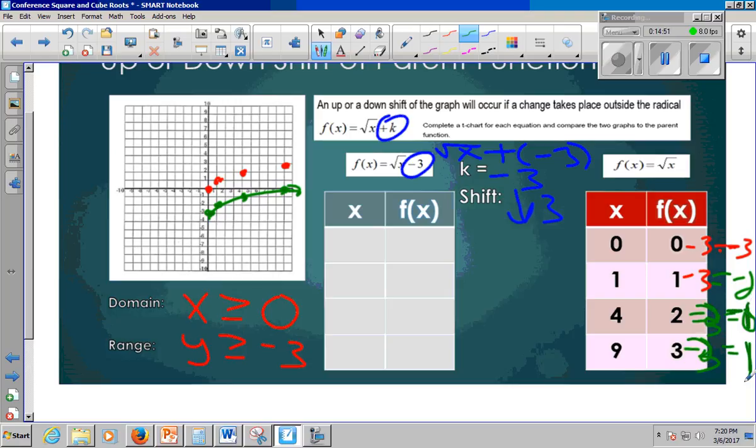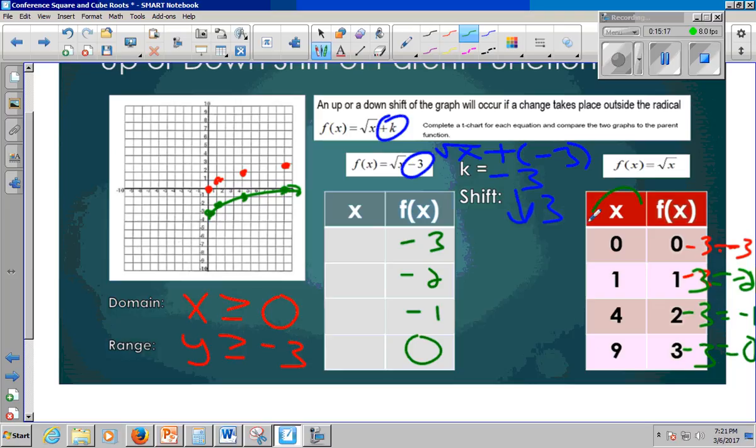And 3 minus 3 is 0. Sorry about that. Let me make that a little neater. So again, we're subtracting 3 from each one. So 2 minus 3 is negative 1, and 3 minus 3 is 0. All right, that's better. So we have negative 3, negative 2, negative 1, 0.